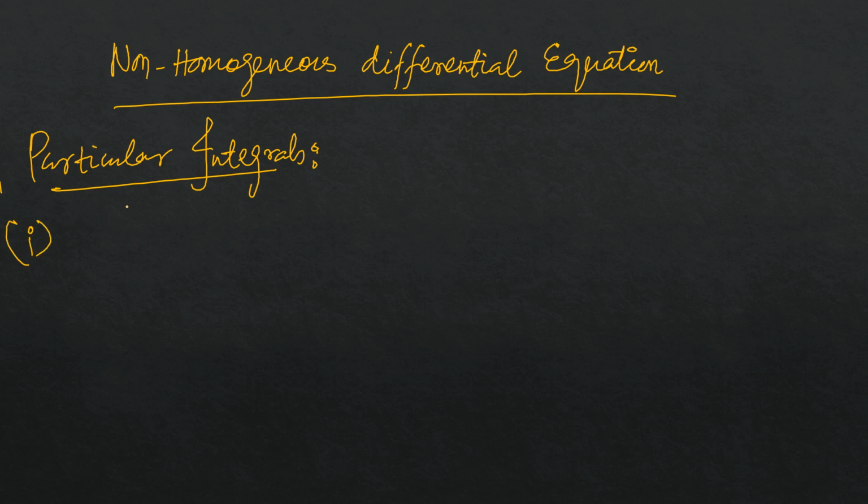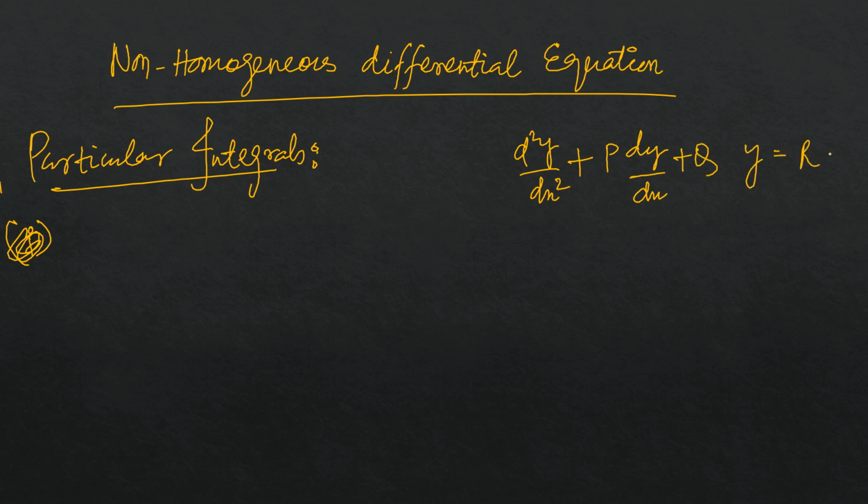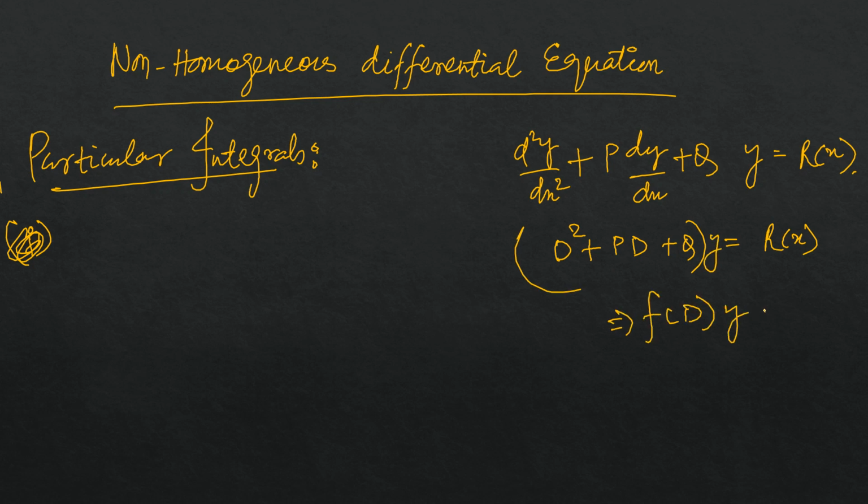First of all, I'll write the general equation: d square y by dx square plus p dy by dx plus q y is equal to R of x. So you can write it as d square plus pD plus q applied to y is equal to R of x. So we can write it as f of D y is equal to R of x.